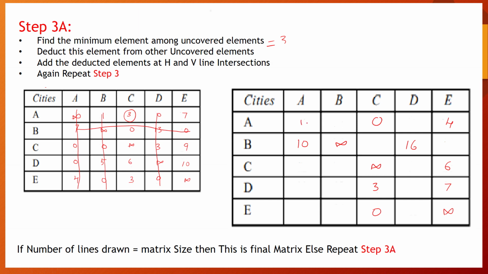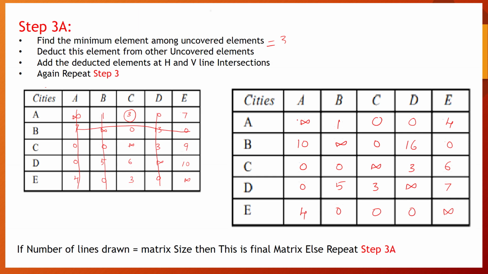So infinity and infinity, here it is 0, 0, 4, 0, 5, 0, here it is 1, here it was 0, here also 0, and here also it was 0, and here it was 3, and here it is 0.